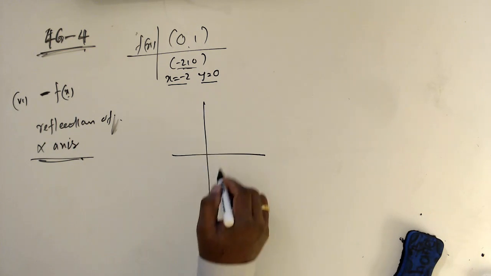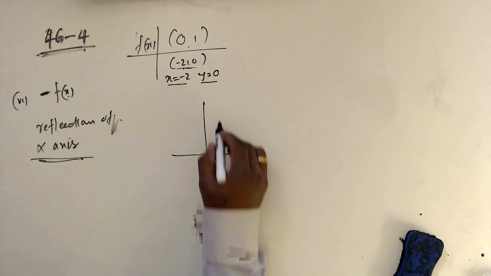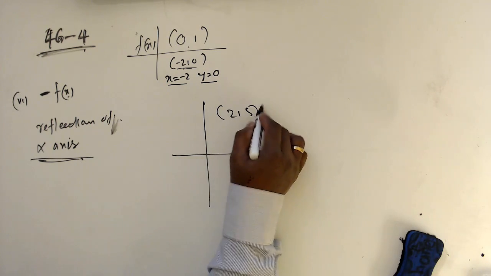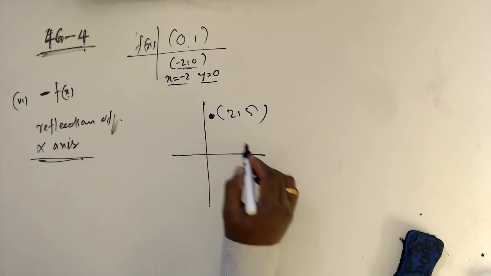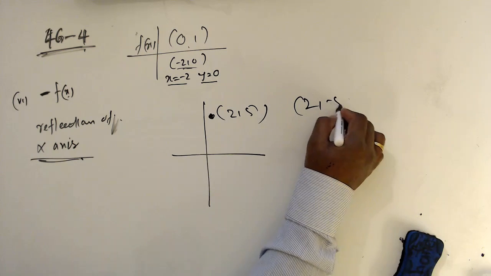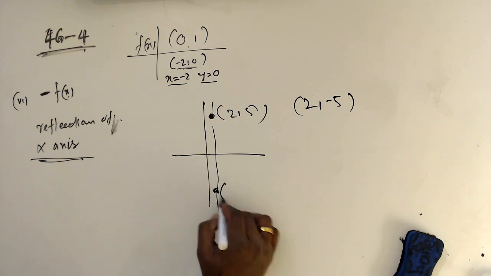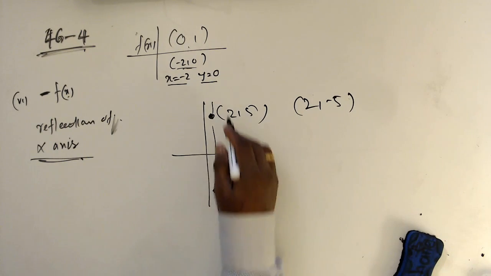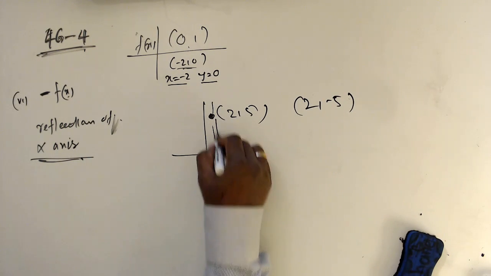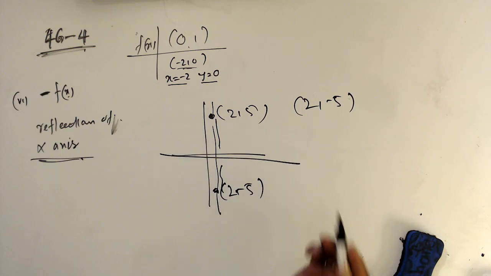Now you have the point (2, 5) here. What will happen? It becomes (2, minus 5). The x value stays the same, and the point becomes here. So it's changing the sides with the same distance along the x-axis.